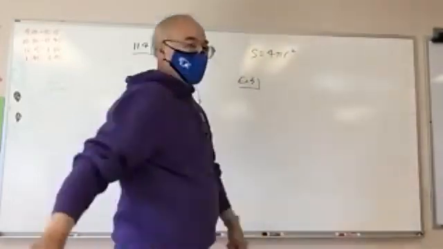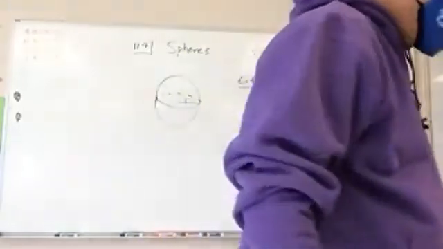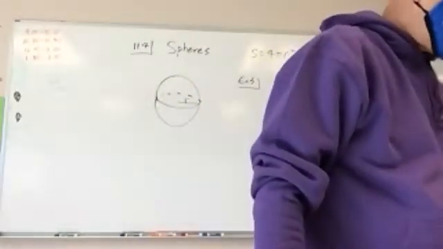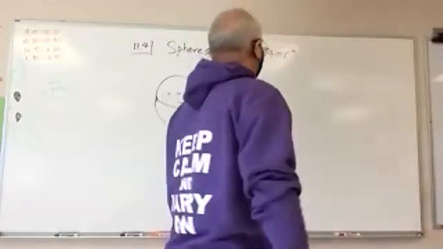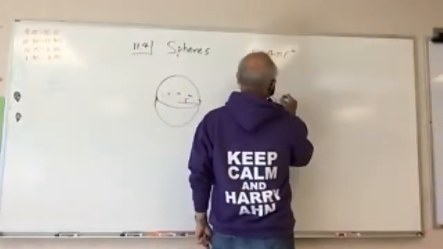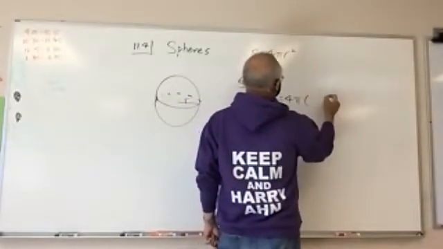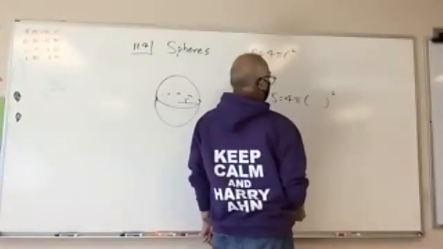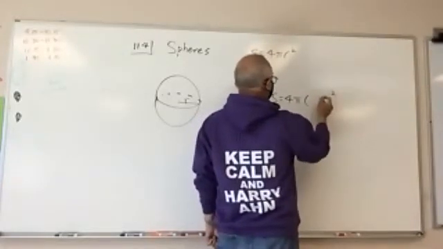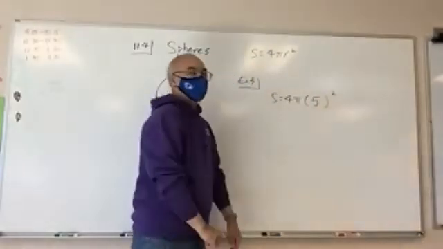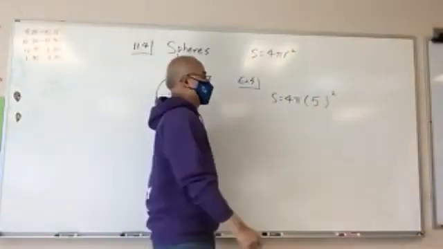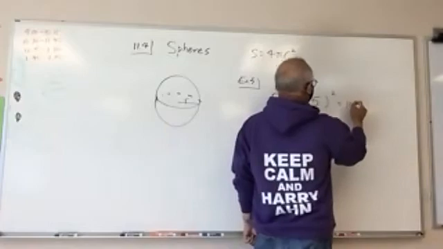Example number 3, A: find the surface area of a sphere with a diameter of 10 feet. It's going to be 4 pi, and the diameter was 10 feet, so the radius is 5. 4 times 25.